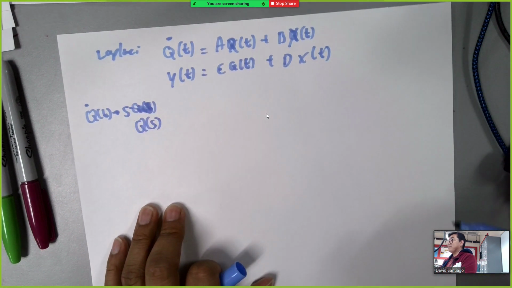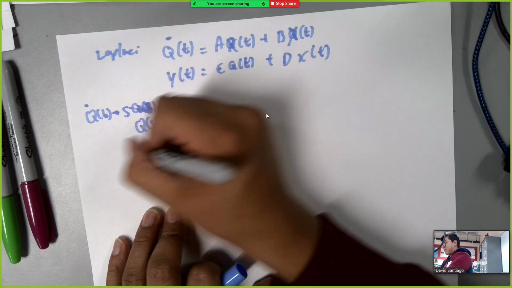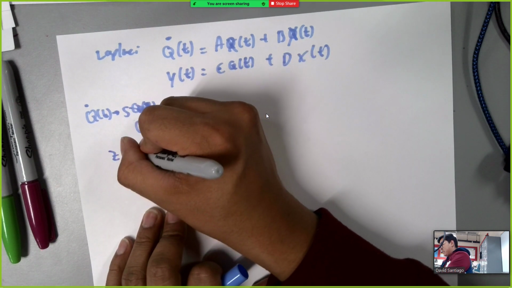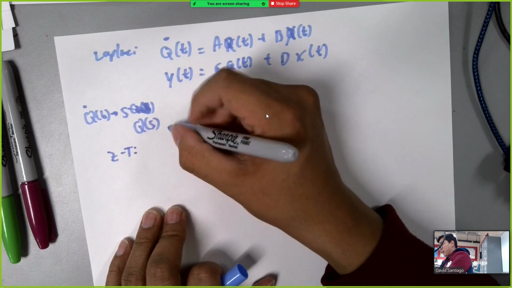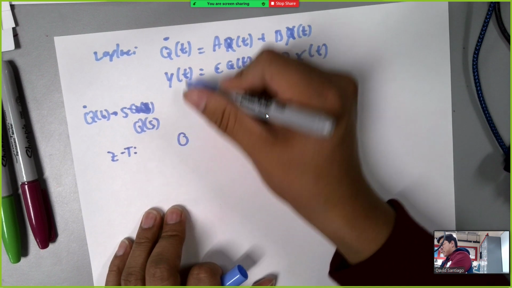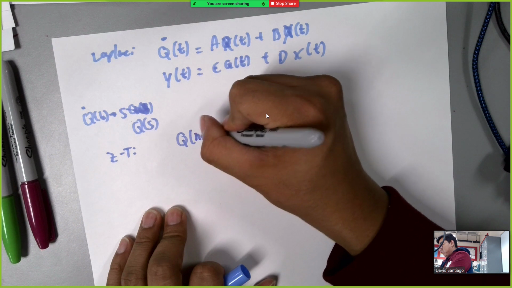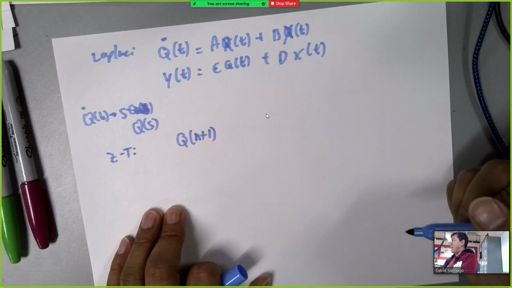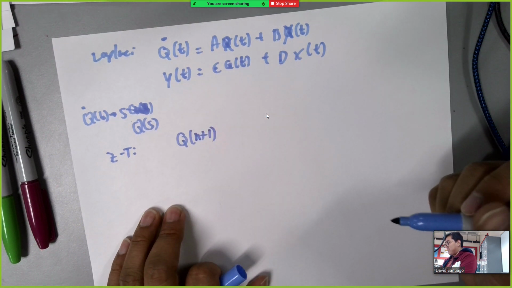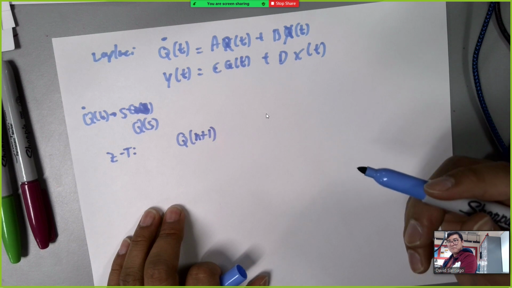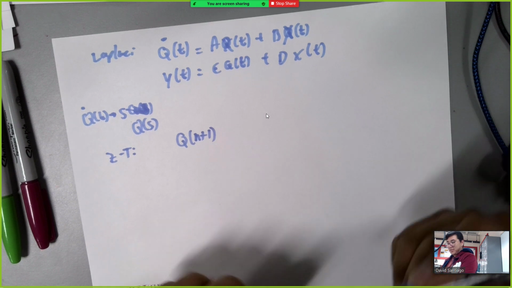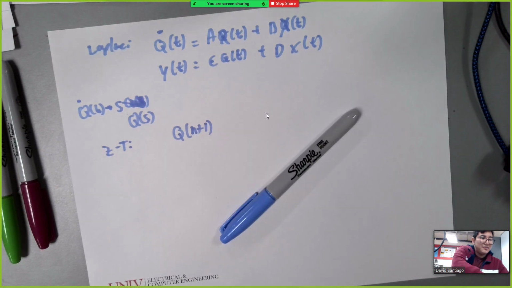So same thing with the Z domain, Z transform, where instead of this derivative, we're going to have Q of n plus 1. Okay? Plus 1 or minus 1? Is it going to be a plus?